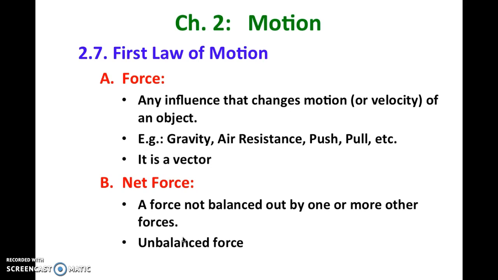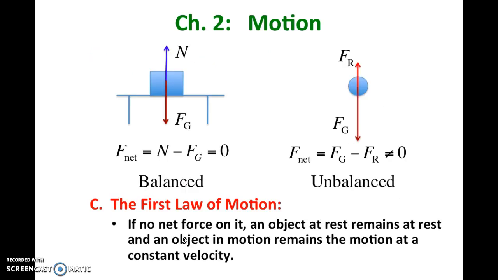Net force is a force not balanced out by one or more other forces. It is an unbalanced force, or the total force. For a body on a table, the gravity is balanced by the normal force.